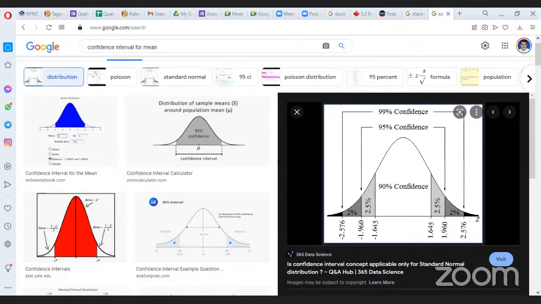Please write down: confidence interval. Confidence interval is a range of estimates for an unknown parameter.